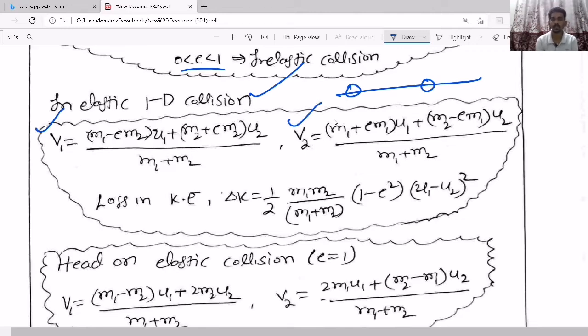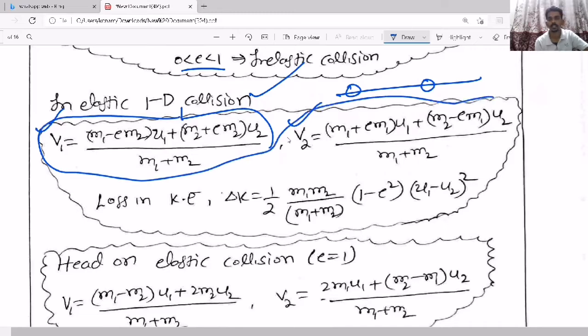One equation we make is conservation of linear momentum, like m1 u1 plus m2 u2 equals m1 v1 plus m2 v2. Another equation we make is the coefficient of restitution, e equals v2 minus v1 by u1 minus u2. So two equations, two unknowns, v1 and v2. Then you can find v1 and v2 in terms of u1 and u2. Please remember these formulas. This is one formula and this is another formula.